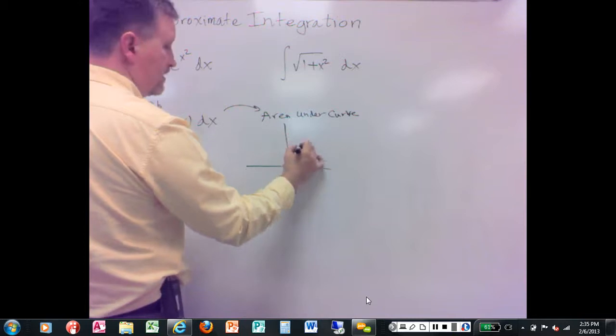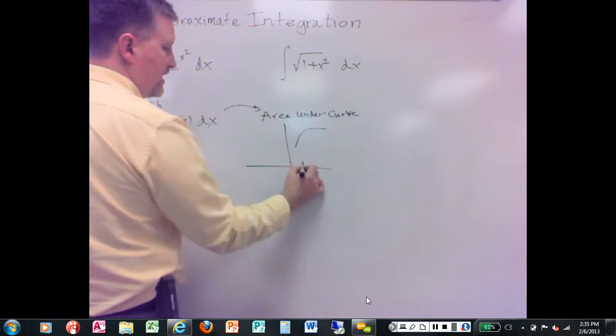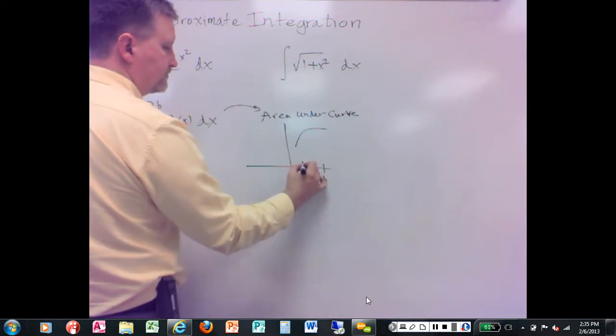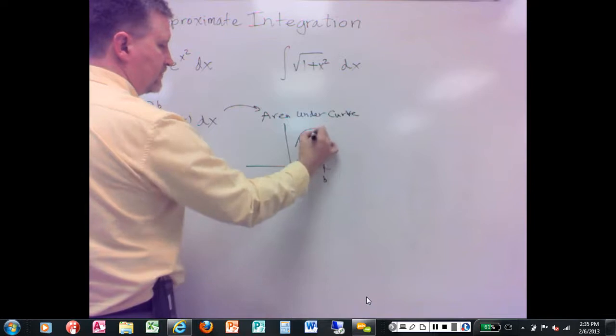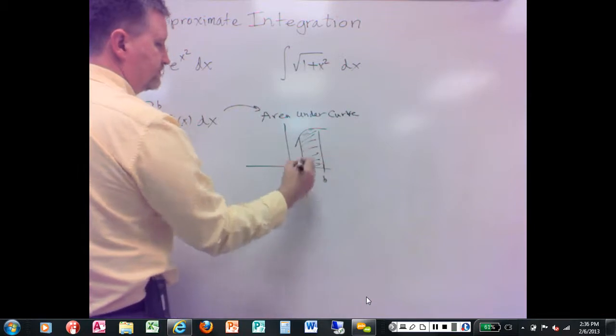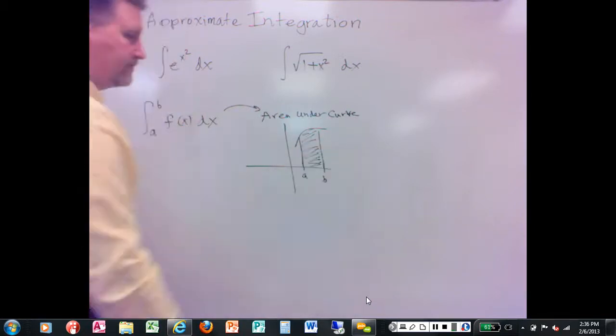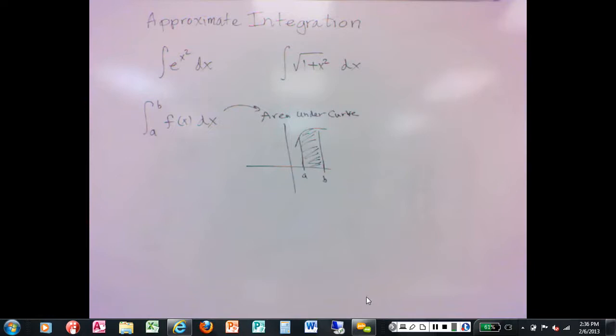So if this is f of x, a to b, that's the integral, right? Okay. Well, how did we approximate it before? Using rectangles, right? We used rectangles to approximate the area under the curve.